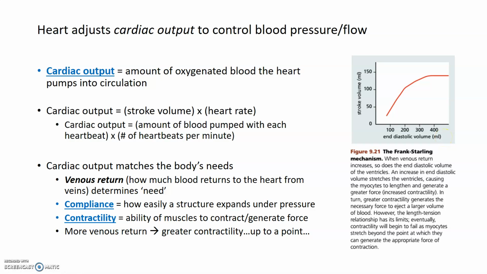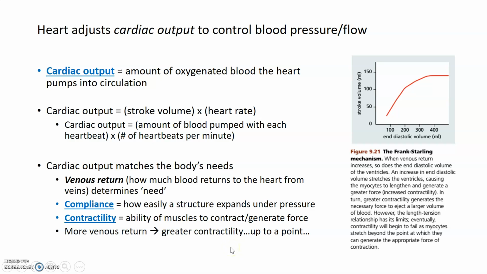And that's because once the heart's chamber stretches too far or tries to fill with too much blood and pump that blood with each heartbeat, there's not enough contractility to actually generate force on such a large chamber. And so the contractility can't match the compliance at certain high stroke volumes, and that can actually just lead to a leveling out of cardiac output. So there's sort of a limit on what the cardiac output can be.